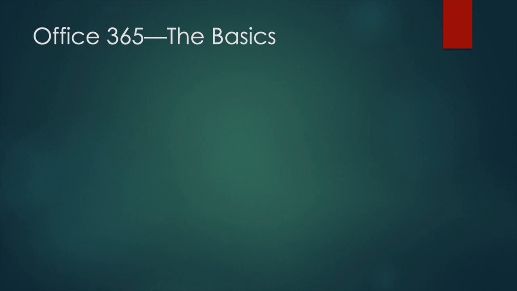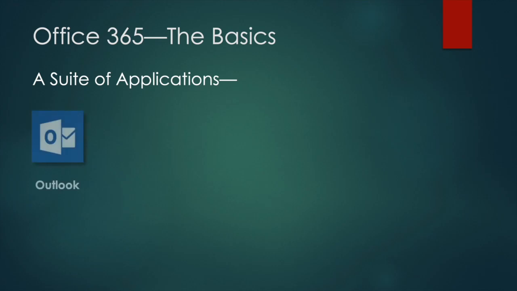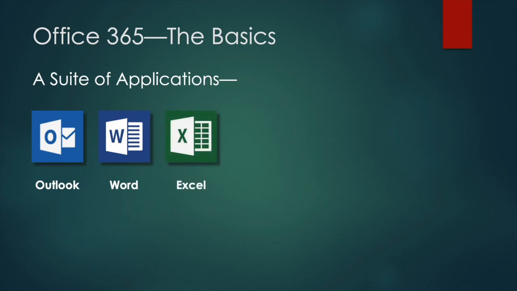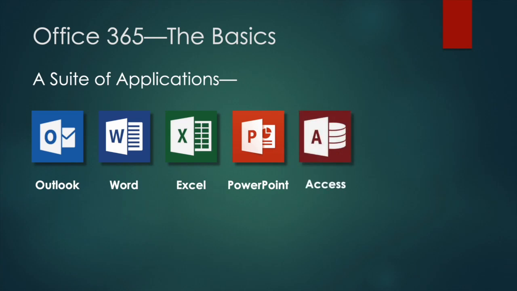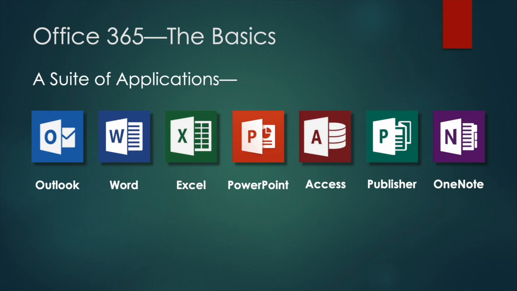It offers many of the applications you're already familiar with in the off-the-shelf desktop software suite, specifically Outlook for email, calendar, and basic task management, Word for word processing and basic desktop publishing, Excel for spreadsheets, PowerPoint for presentations, Access for databases on the PC only, it's not available on Macs, Publisher for advanced desktop publishing, that's also PC only, and then OneNote for note-taking.